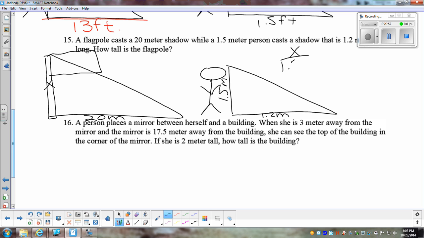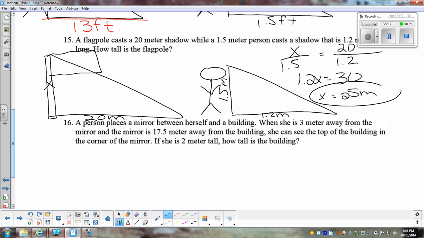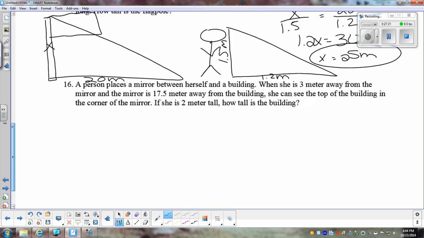The height of the flagpole over the height of the person equals the flagpole shadow over the person's shadow. We cross multiply. 1.2x equals 30. Divide by 1.2. I get x equals 25 meters. So the flagpole is 25 meters tall.